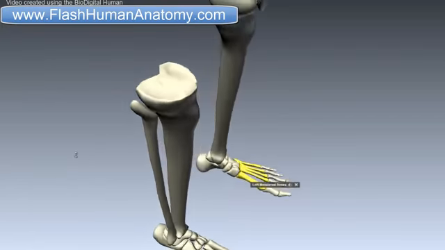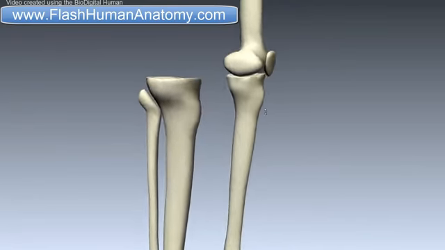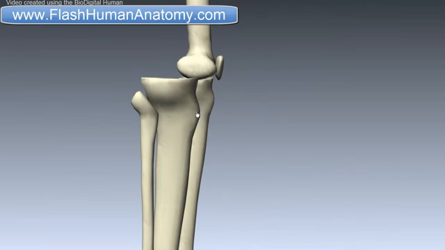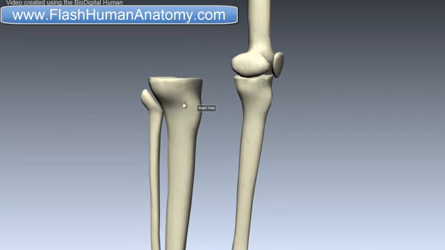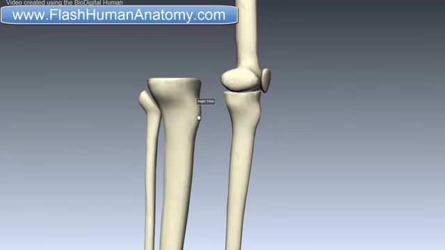If you look at it from the front here, this should be the tibial tuberosity, or maybe even here, the tibial tuberosity, and then below that there should be an attachment for the patella.